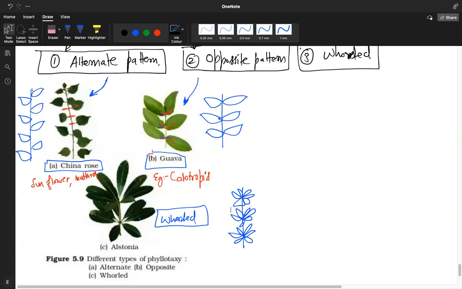So write down, in whorled pattern, more than two leaves arise at a particular node and form a whorl.